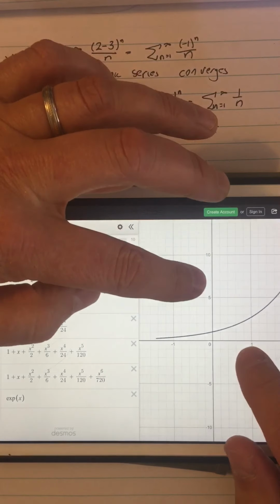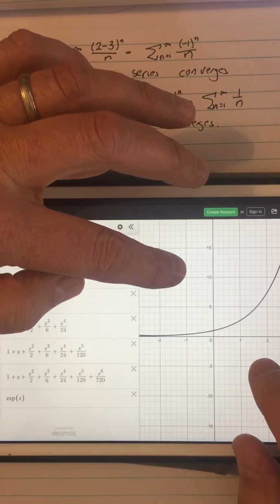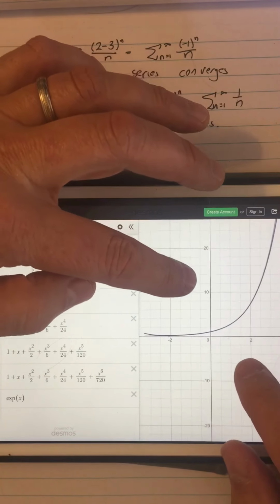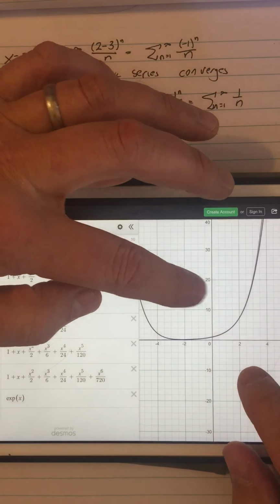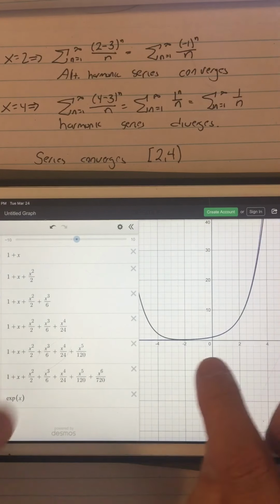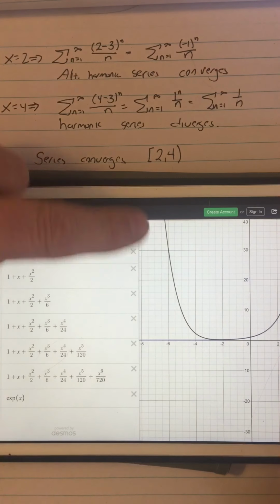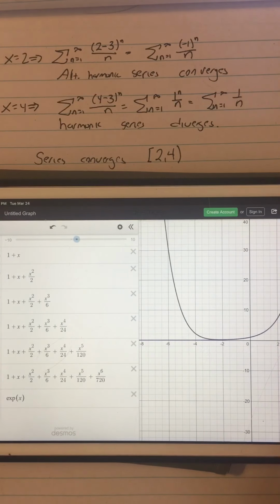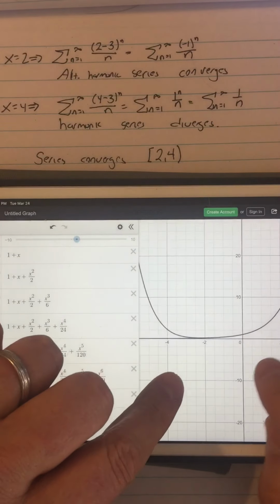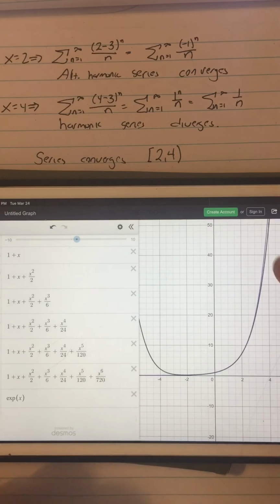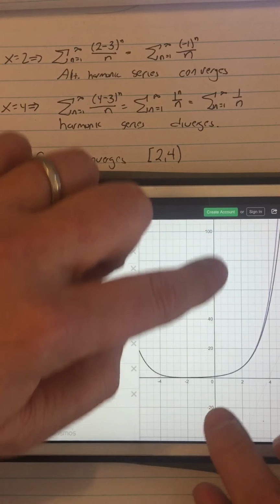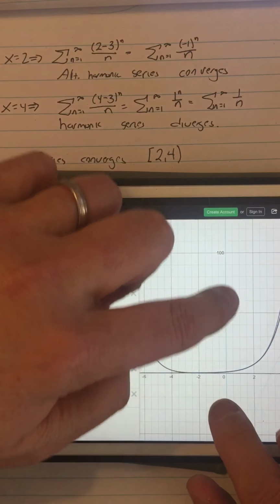So if we zoom out, see how nicely it corresponds until we get out a little bit farther. Now we can see how the e to the x goes to its horizontal asymptote, and the power series doesn't. But over here on the positive side, they're corresponding pretty well, right?